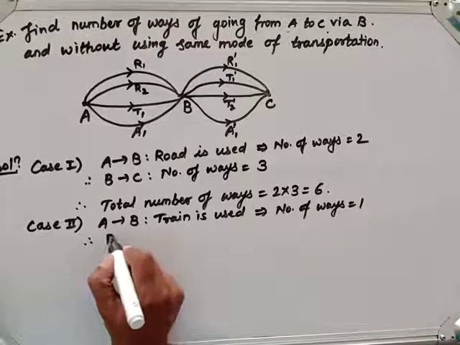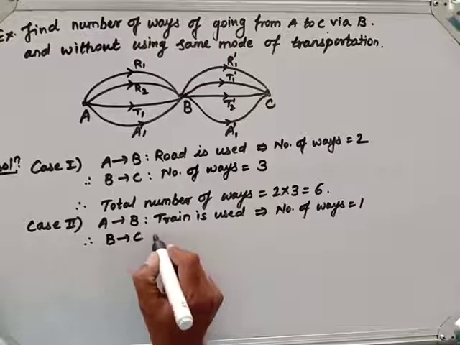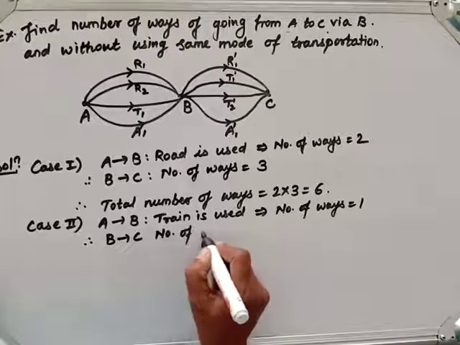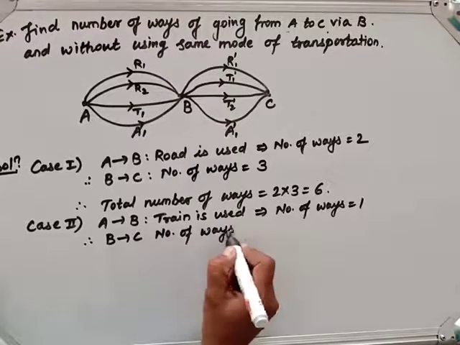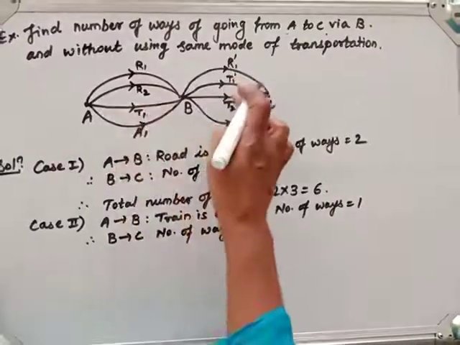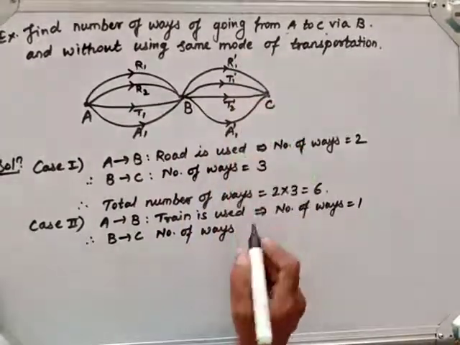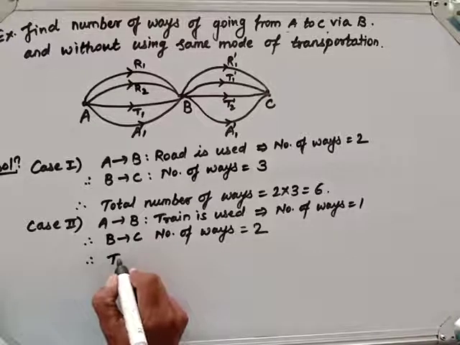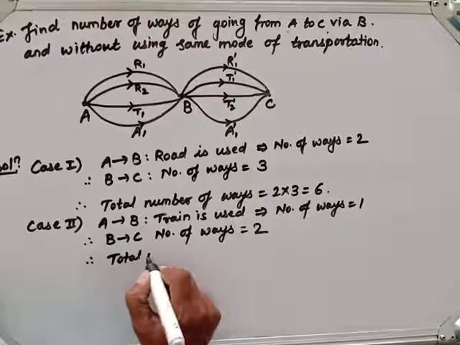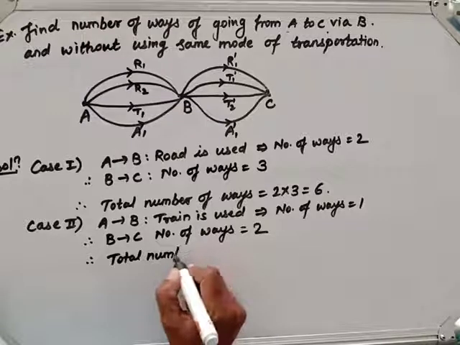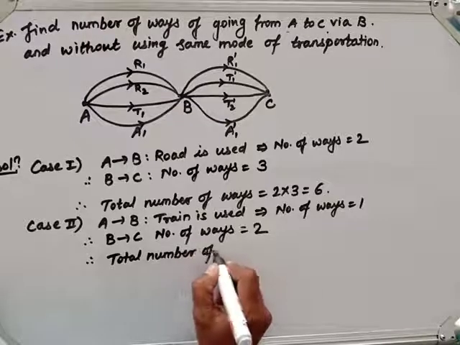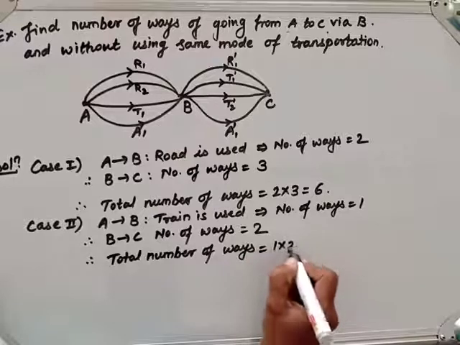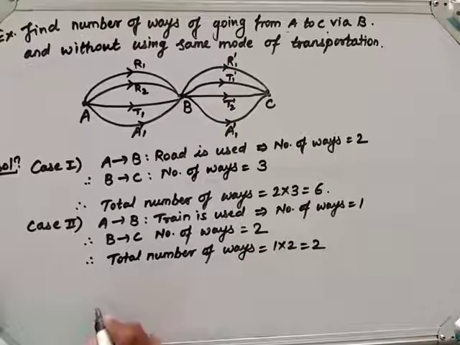And from B to C, how many ways are left? If train is used, here we cannot use train. So road and air. So the number of ways left is 2. Therefore, the total number of ways is 1 multiplied by 2, that is 2.